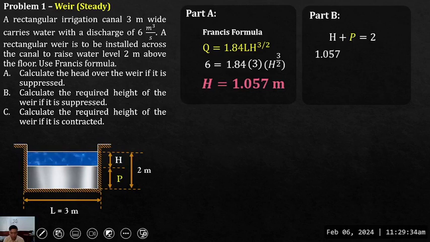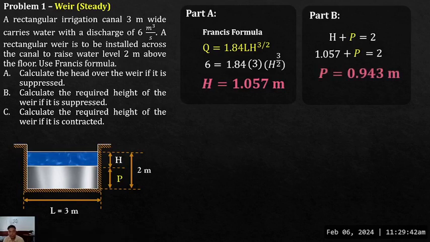So, substitute mo lang yung H natin 1.057. So, subtract mo siya from 2, you'll get the value of P as 0.943 meters. Okay, so I would appreciate if you can type the answers in the comments.